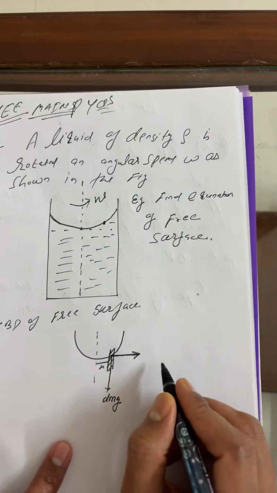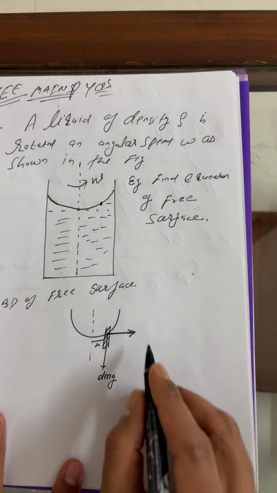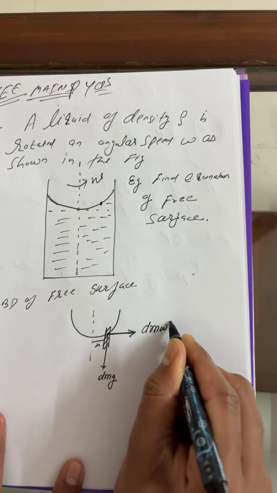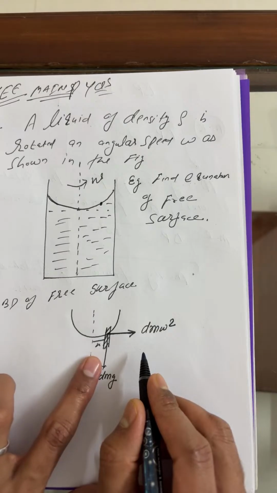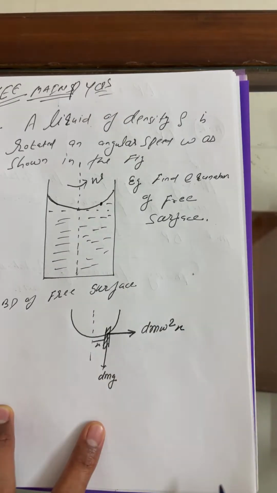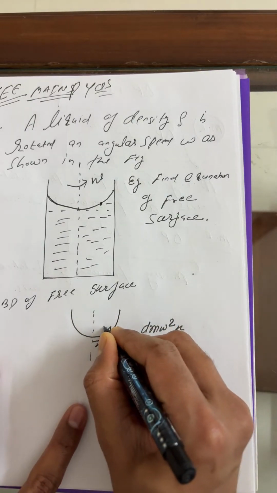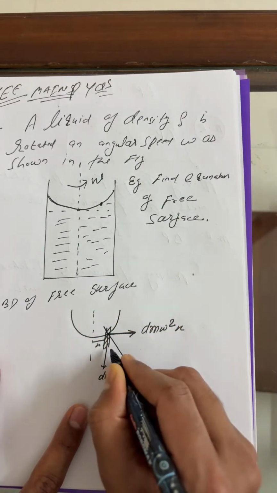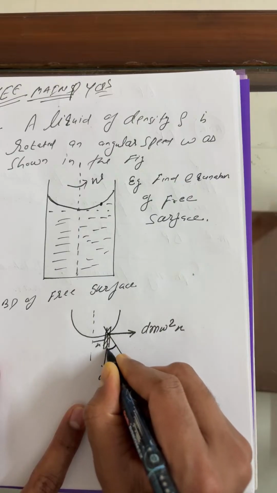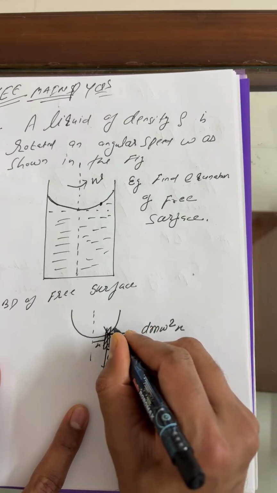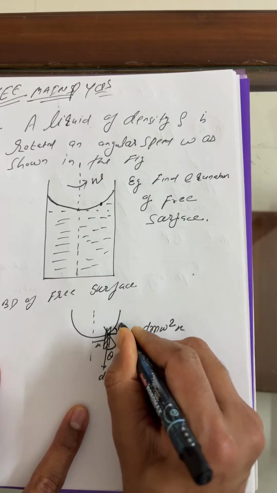So you can write this is dm omega square, and the radius is x only. Now these two are 90 degrees. Suppose I consider this angle as theta, so this is 90 minus theta, and this remains theta.